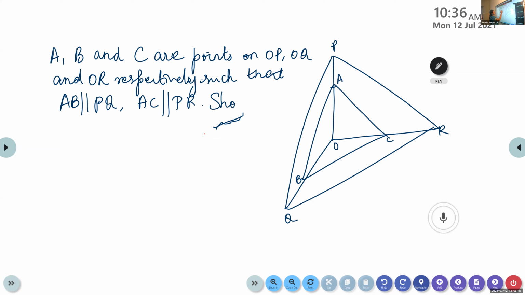Show that BC is parallel to QR. You have to show that BC is parallel to QR.